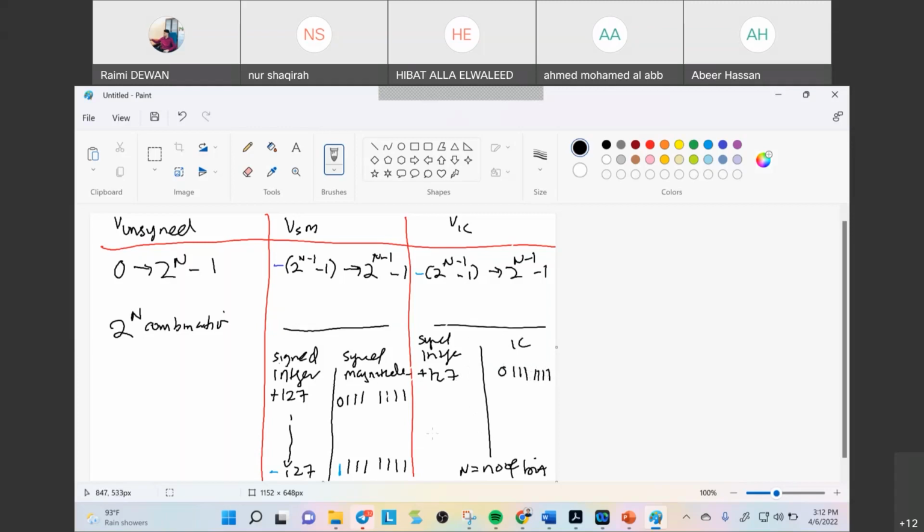But we will have a difference if it's a negative number. So what is the number here? We just need to flip it all over. What is the number? Maybe you guys are sleeping. Yes, it's 1, 0. So you just flip.